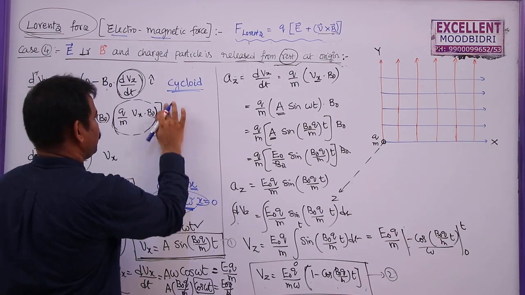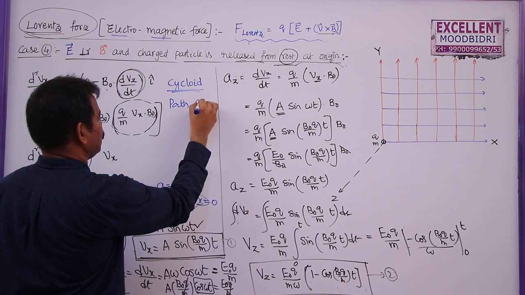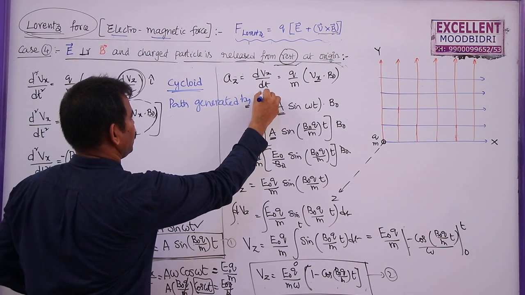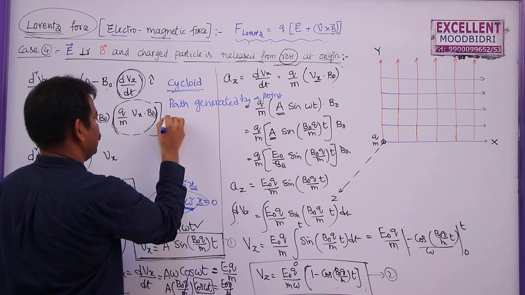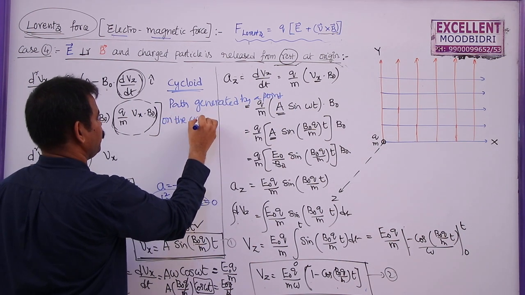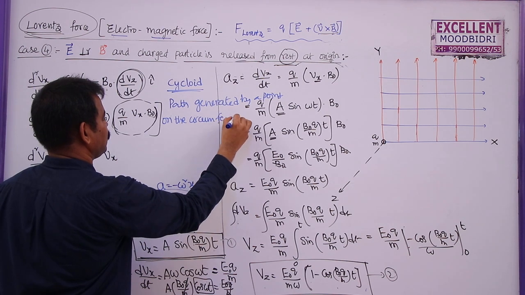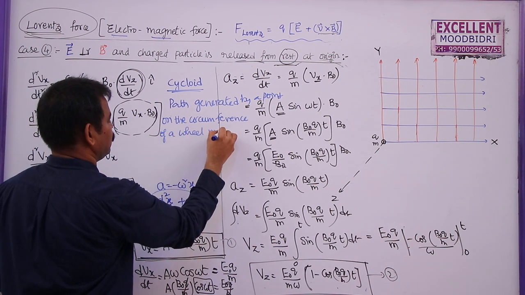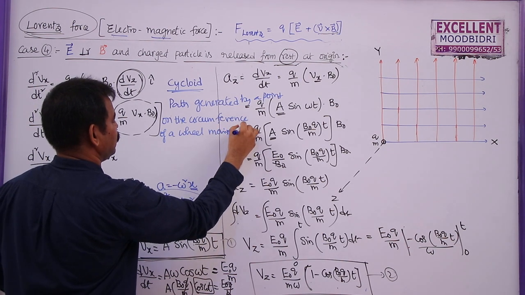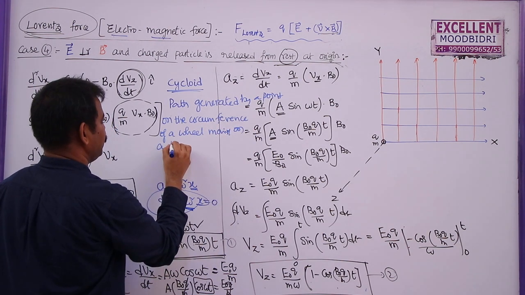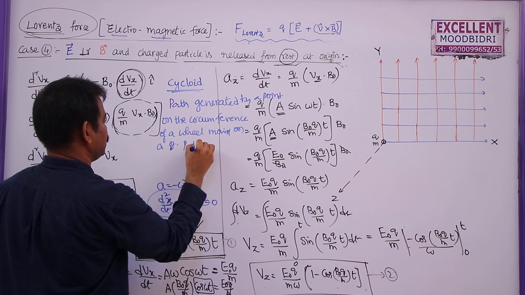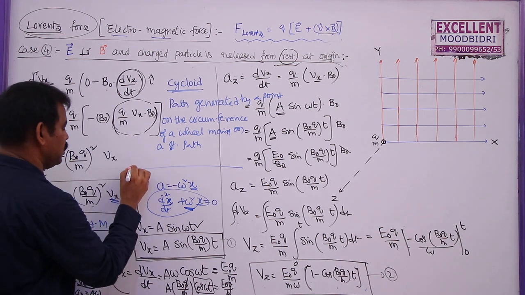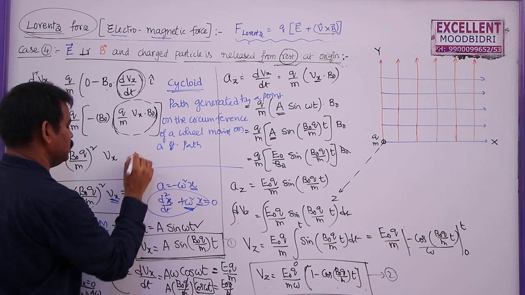A cycloid is the path generated by a point on the circumference of a wheel moving on a straight path. For example, if you take one wheel here, this is a point on this wheel.